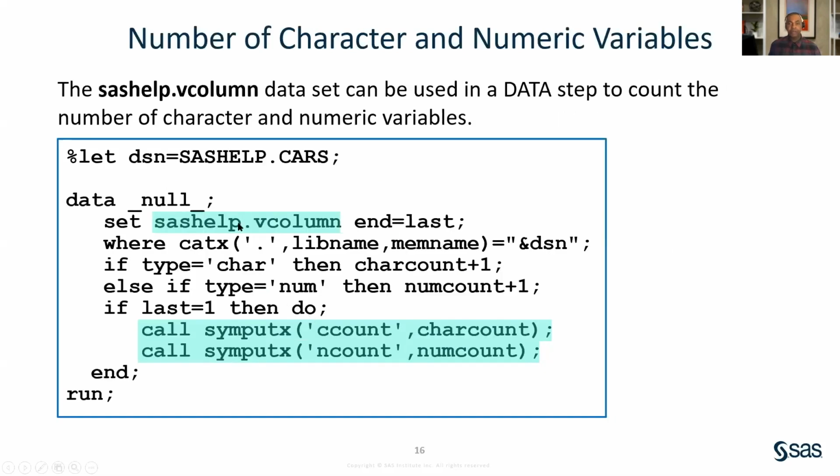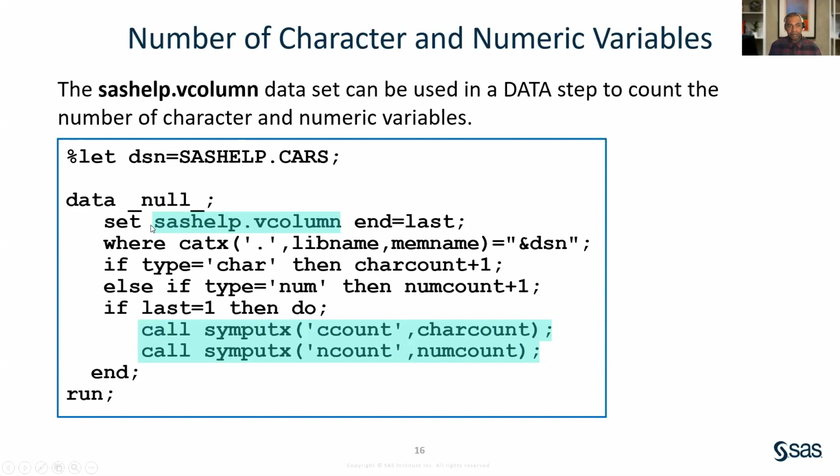Here's an example, and I'm using the data step as opposed to PROC SQL. So let's say you don't want to use PROC SQL, you use the data step. Remember we talked about data _null_, which is using the data step without creating a SAS data set. Here's a %let for an example, DSN equals SAS help.cars.